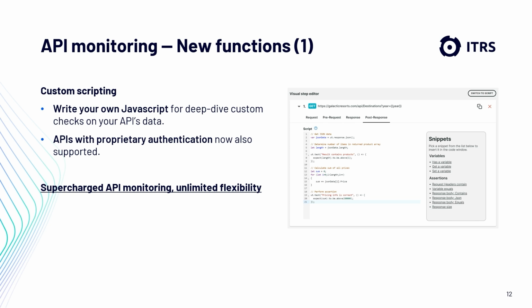You may have existing scripts lying around. It should be pretty easy to fit those in. Also, if you have APIs that require custom authentication rules to be able to access those APIs, you will benefit from this a lot. So custom scripting based on JavaScript coming this month at no extra cost. Stay tuned for the announcement in Uptrends itself.